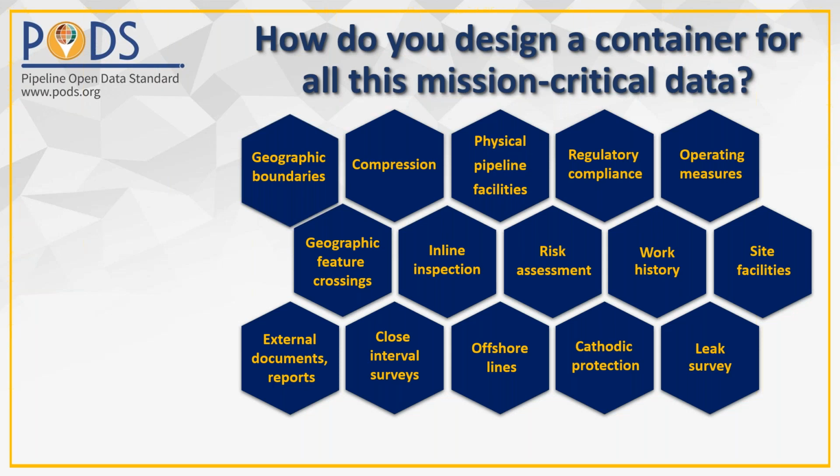And you need to have connectivity between these assets because they don't all exist in a vacuum, right? They're all interconnected. So how do you build a container that is this comprehensive, yet all connected together?